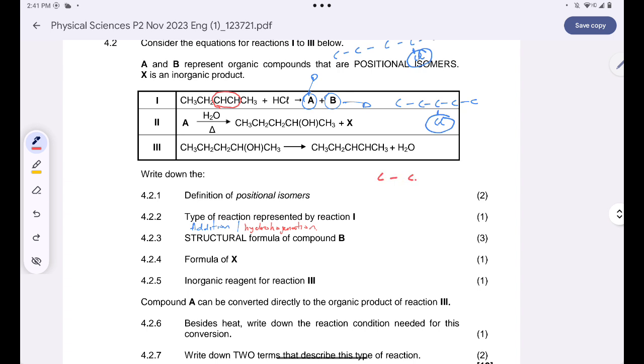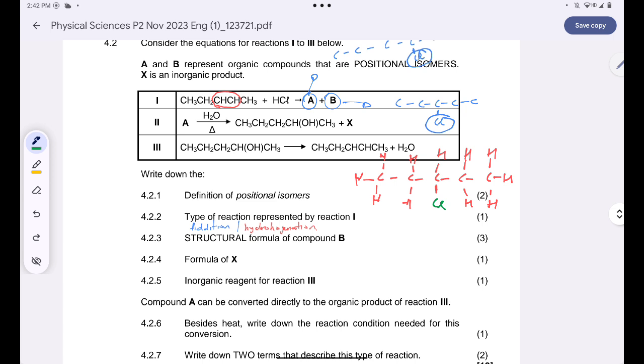I'll have 1, 2, 3, 4, 5, and I'll have my hydrogen there. And then I'll have my chlorine over here. So this will be my minor product, right?